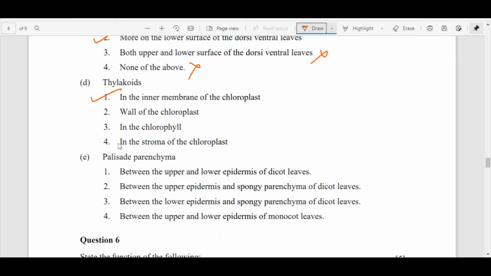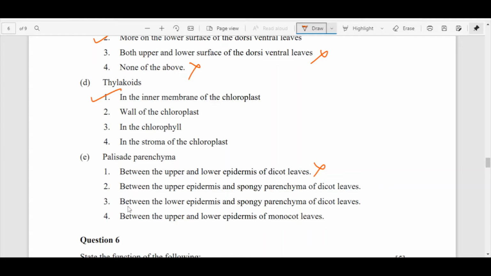Now moving on to the E number, children, that is palisade parenchyma. Where are the palisade parenchyma located inside a leaf? So let us see. The first option says between the upper and lower epidermis of dicot leaves. Wrong. Option number 2, between the upper epidermis and spongy parenchyma of the dicot leaves.